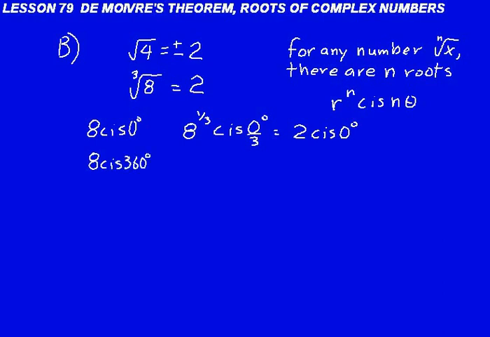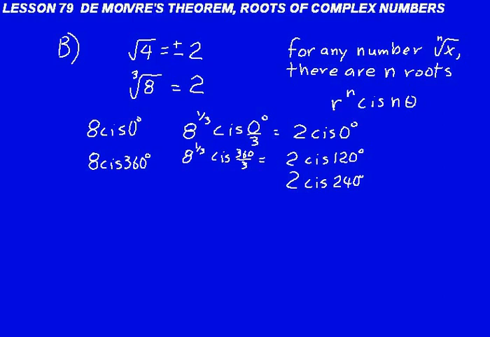Basically what you're doing is using de Moivre's Theorem again. 8 to the 1/3 cis of 360 over 3. You would say 2 cis 120 is the answer. And then go one more time, do 8 cis 720. You would have 2 cis of 240 degrees.